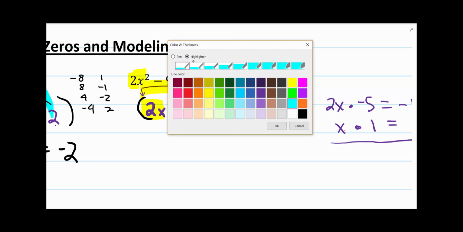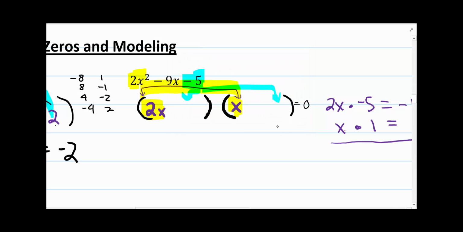The tip is this. Let me go ahead and switch back to a pen. You have to be really careful about where things go, all right? Well, factors of -5 are 5 and -1, and -5, +1.